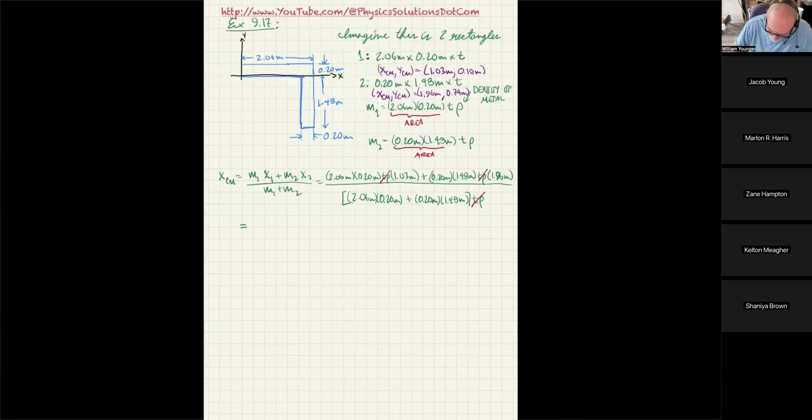So on this first term, I get 2.06 times 0.2 times 1.03, and that gives me 0.42438, and that's actually meters cubed. Plus I'm going to do the same thing with the other one, so 0.2 times 1.48 times 1.96 gives me 0.58016 meters cubed.